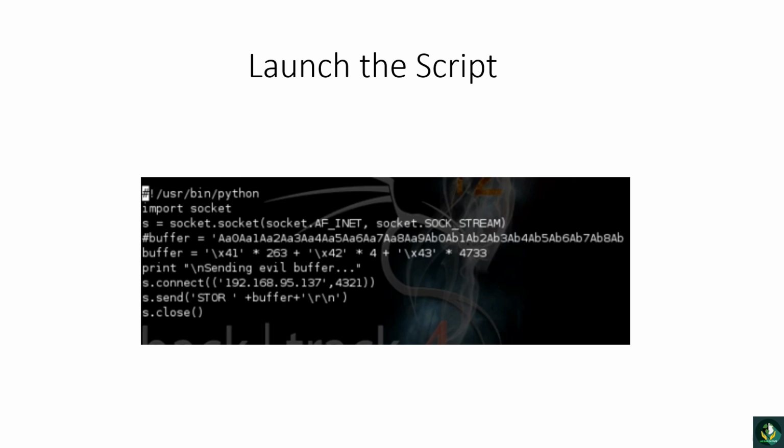We are going to specify the amount of pattern that we need to be created. So we can write 5000, go to enter, and it will create a pattern of 5000 characters.